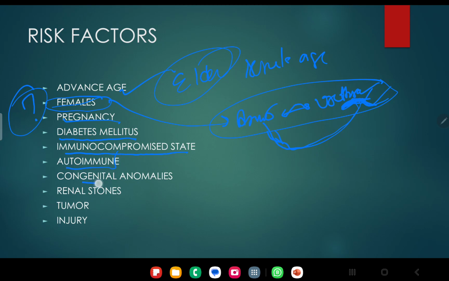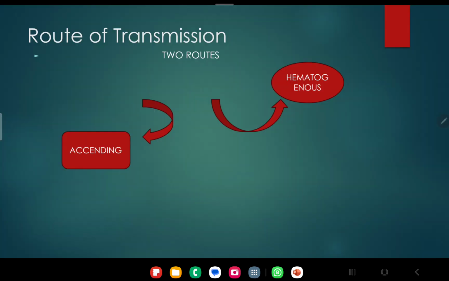Autoimmune disorders, congenital anomalies, renal stones, and tumor come under the category of obstruction, because whether it is a stone or a tumor, it will block. So we finish with the risk factors.